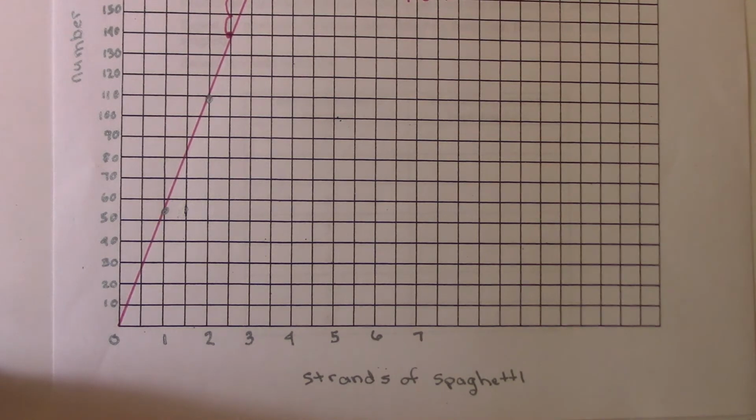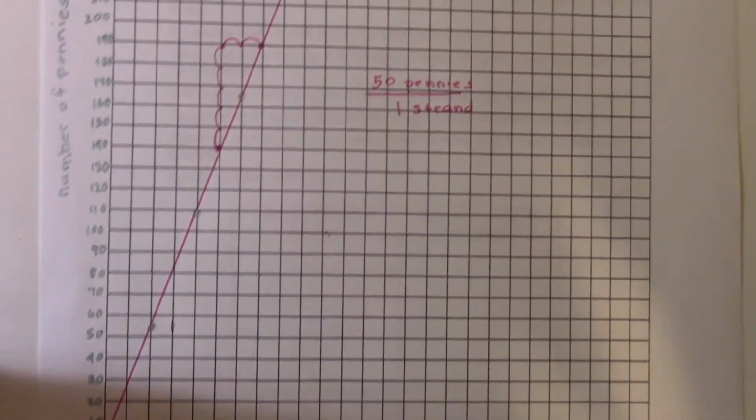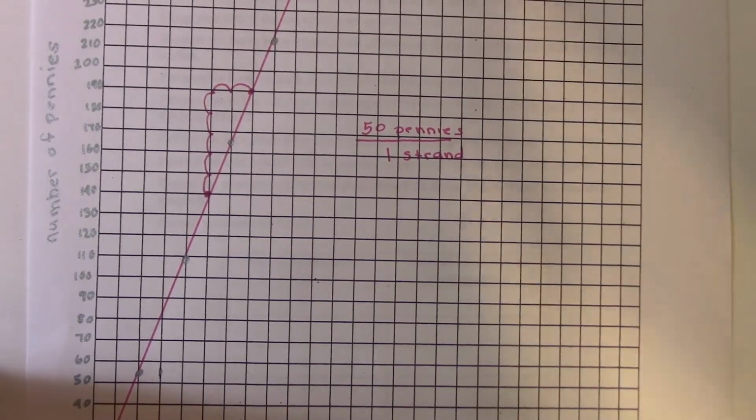Now what I'm going to look for is a place where the trend line crosses the corners of my graph, so my points will be integers, and I'm going to see if I can determine the slope. So when I look at this, I see there's a place here where the number of pennies is 140, and then I can go up to where the number of pennies is 190.